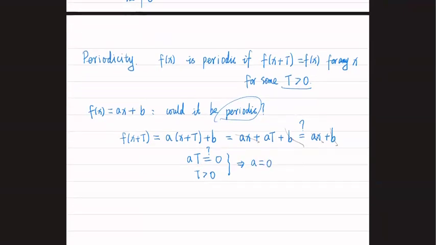So could it be periodic? Yes, but only when a is 0.